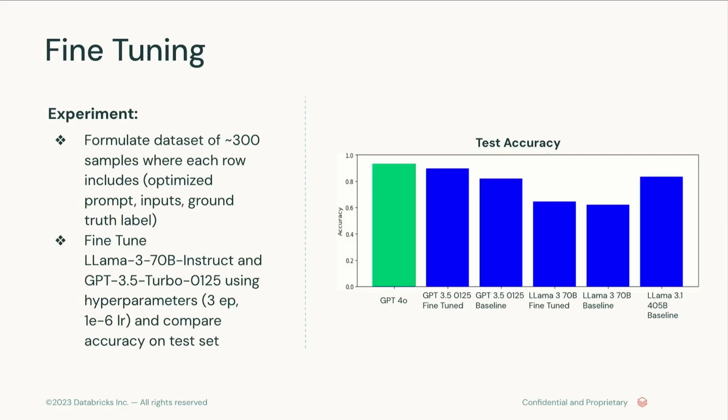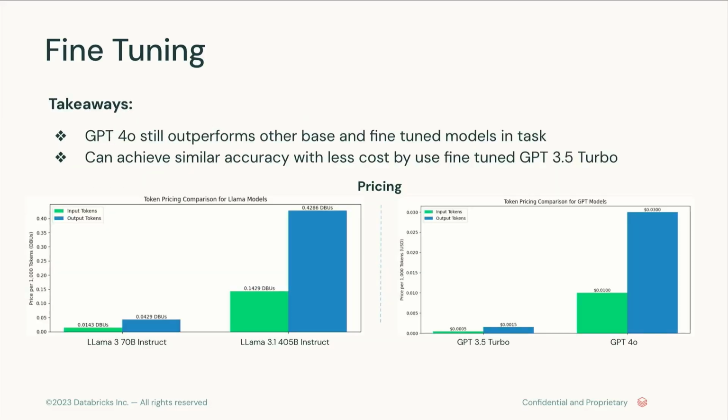fine-tuning improves the accuracy in most of these models, and fine-tuned GPT 3.5 is actually closer to GPT 4o. But GPT 4o still outperformed other base and fine-tuned models. But the advantage of fine-tuning is that we can achieve similar accuracy with less cost by using the fine-tuned GPT 3.5 turbo model.